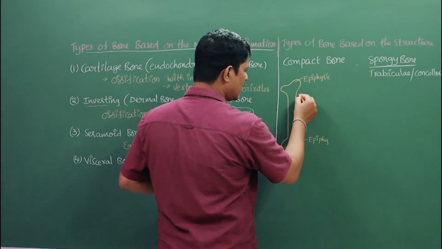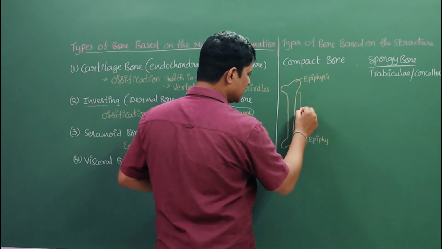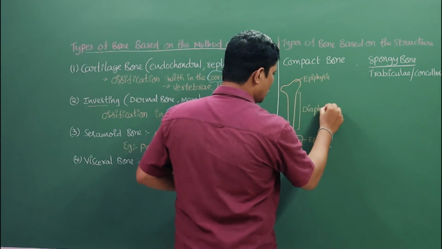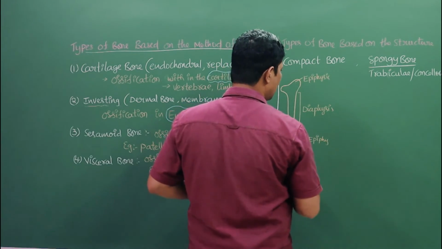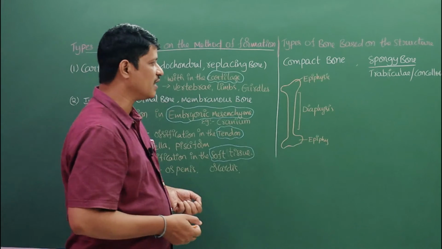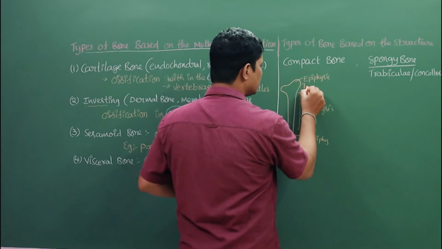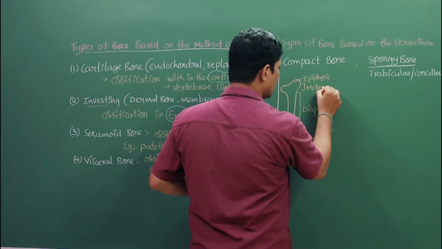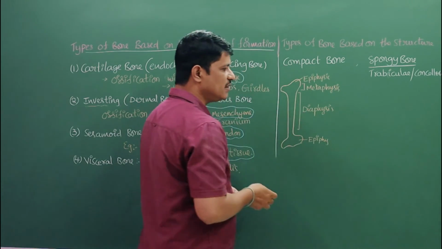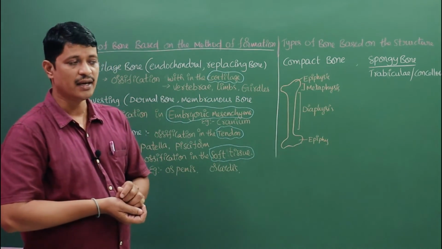Between the epiphyses, the middle part is the diaphysis. Between the diaphysis and the epiphysis, where growth occurs, is the metaphysis. The part of the bone where growth occurs is known as the metaphysis.